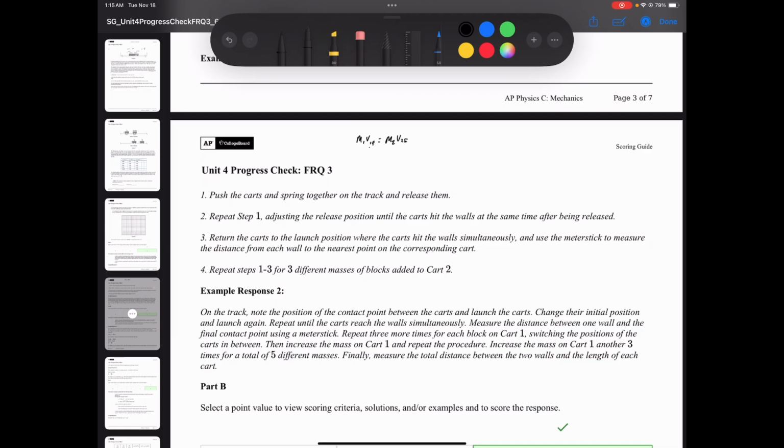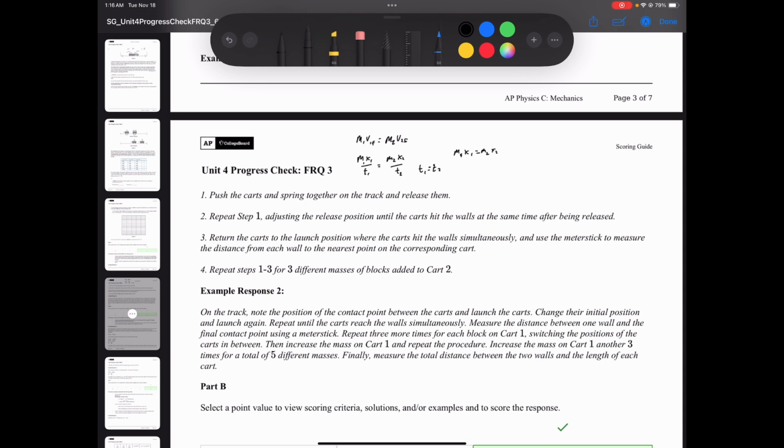But if I write v1f and v2f in terms of the distances, right? So m1 x1 over t1 equals m2 x2 over t2. And when they hit the wall simultaneously, t1 equals t2. And then basically I'm comparing the ratio of the distances.